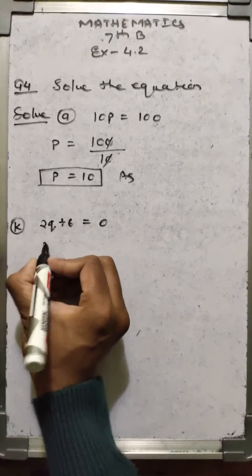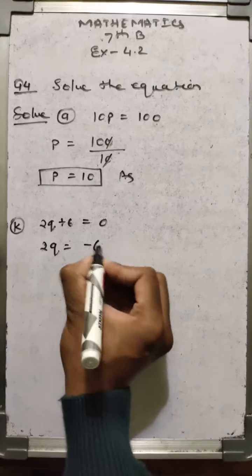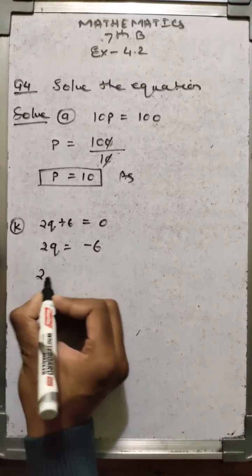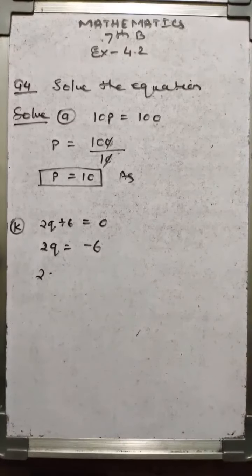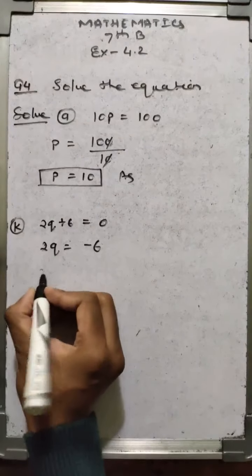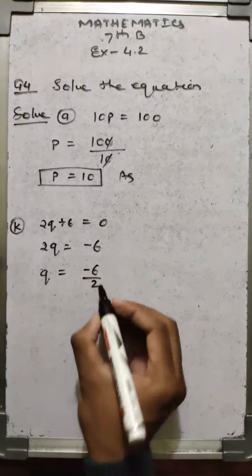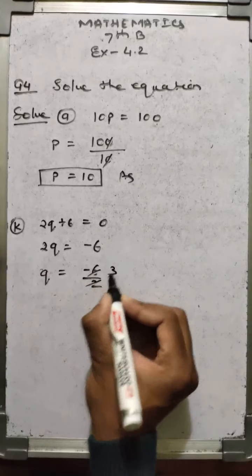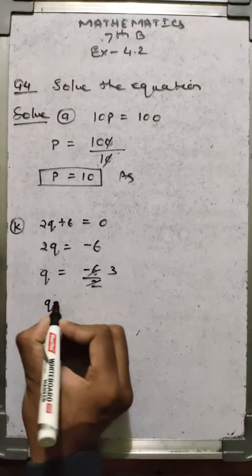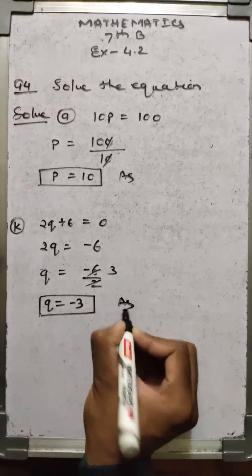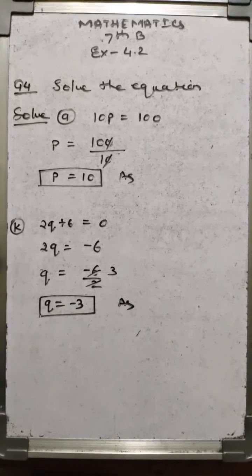So 2q will be equal to -6, because I transpose this 6 to this side, and then q will be equal to -6 upon 2. So this will give you 3, not 3, -3. So q is equal to -3. This is your answer.